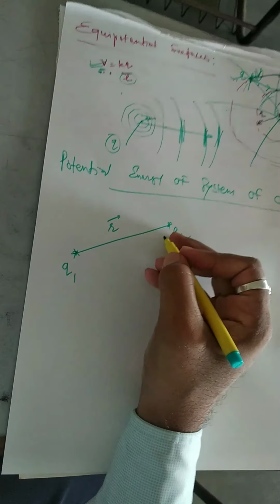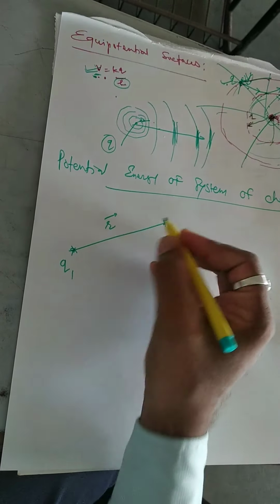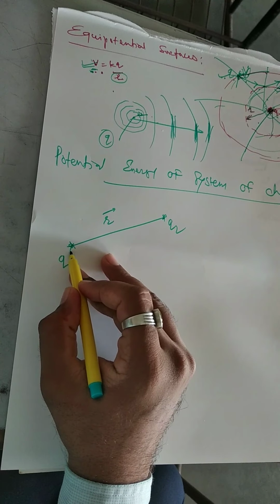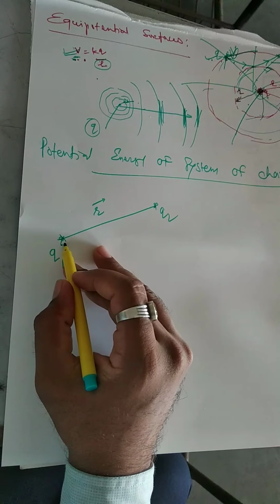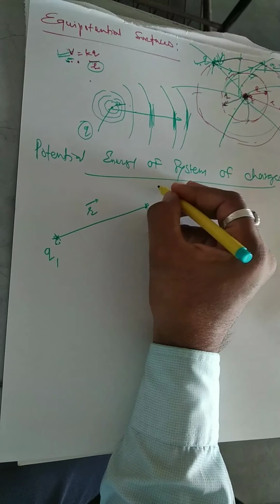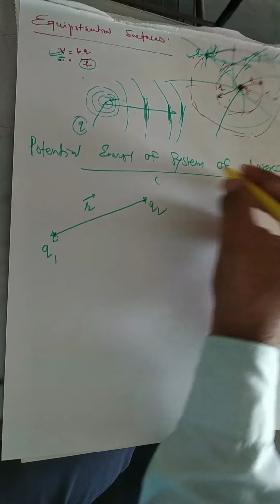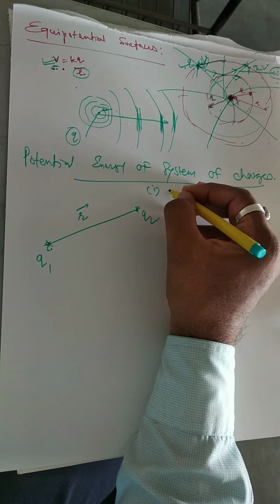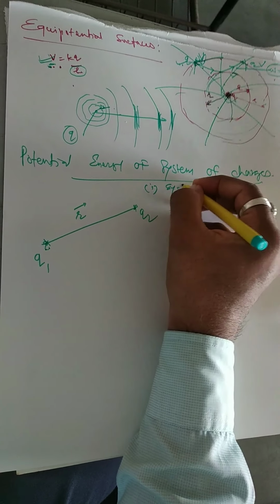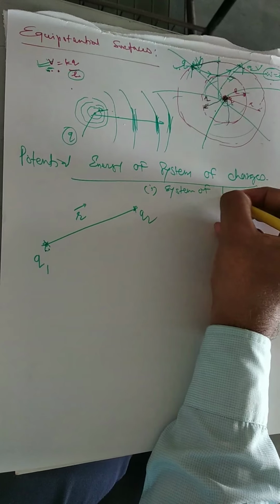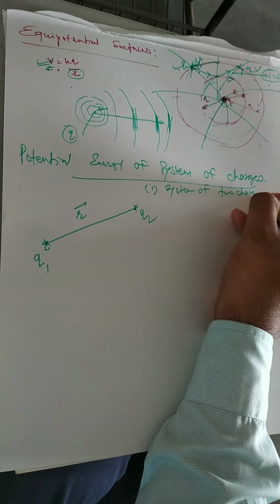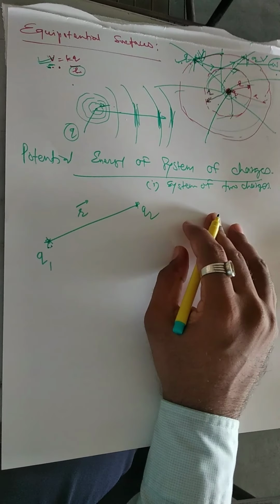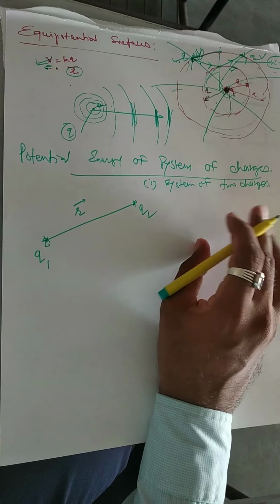Initially, for potential energy of system of charges, there are 2 points. One is the potential energy for a system of 2 charges, and the other is the potential energy for a system of 3 charges.